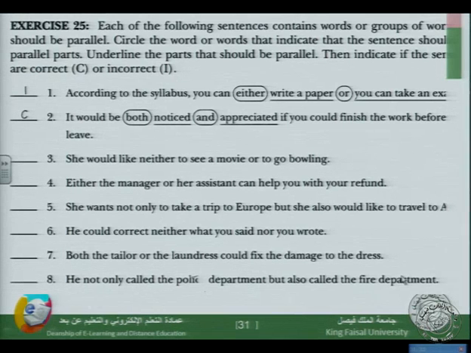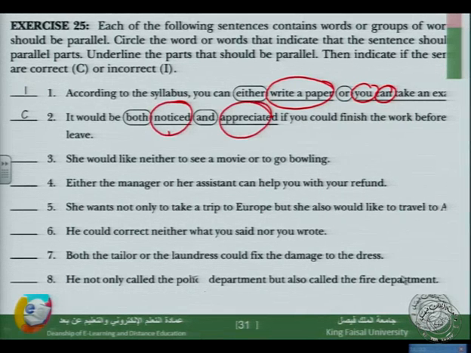According to the syllabus, you can either write a paper or you can take an exam. As you can see here, write a paper has subject verb object, while here there is subject verb object, so this is not parallel.